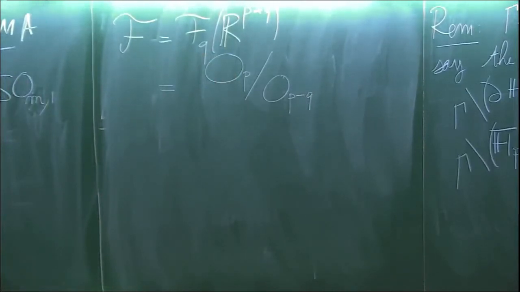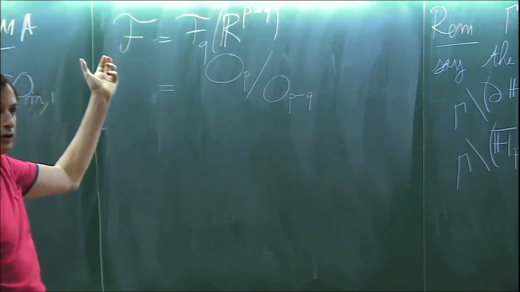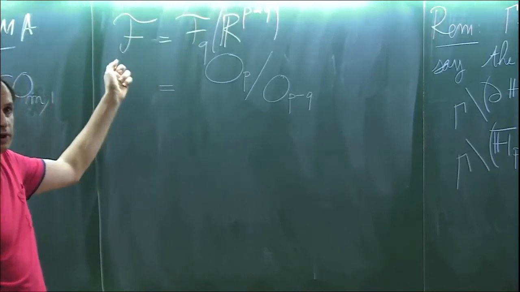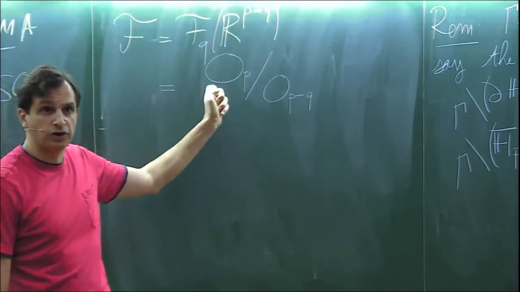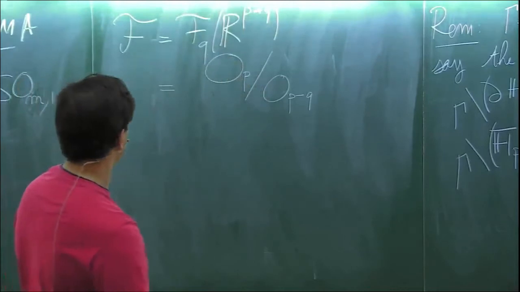I mean, in general those flag manifolds are homogeneous under the action of O(P) cross O(Q), but in this particular case it happens that it is already homogeneous just under the action of this subgroup.